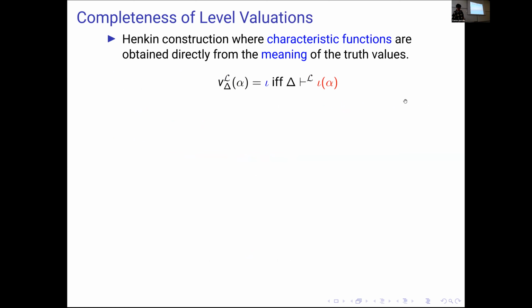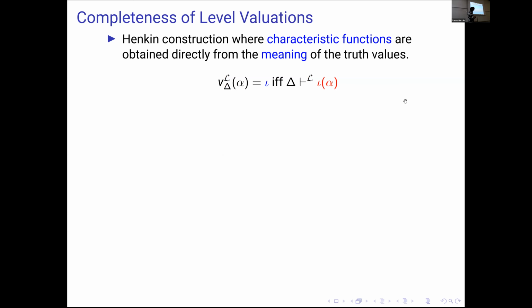For completeness, this is something I would say is new in this paper, we look at the characterization. So this is our definition. We use the Henkin completion for proving the completeness of the logic. And this is a definition of the characteristic function for a saturated set delta.